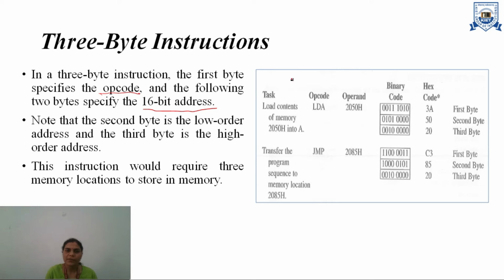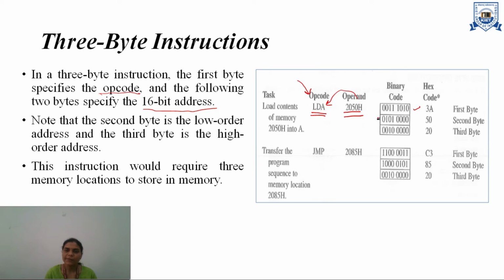For example, LDA 2050. This command specifies to load the content of this address to the accumulator. So LDA is load accumulator, and here we specify the 16-bit address. So this command is a 3-byte instruction, which takes 3 bytes to get stored in memory, where the first byte will specify the opcode, LDA, load accumulator.